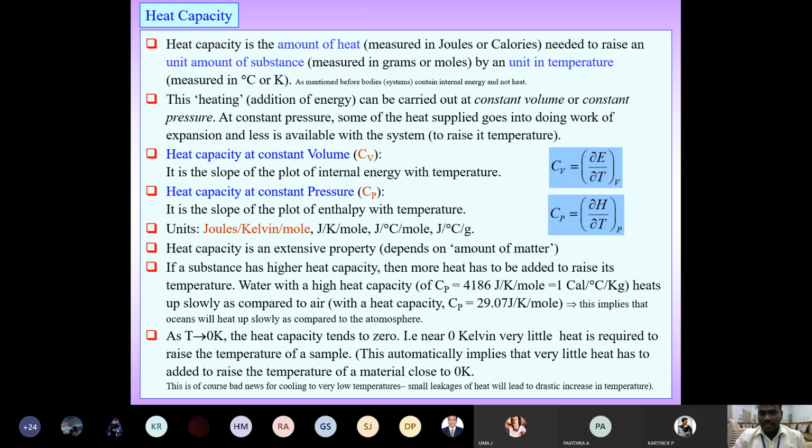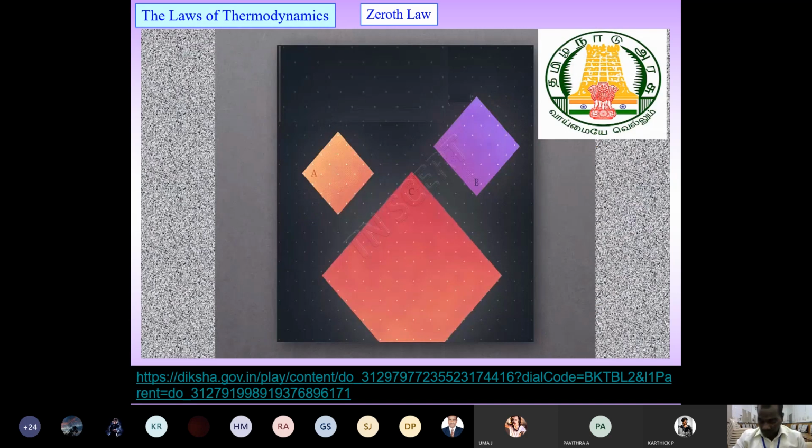Then heat capacity we will discuss in the next class. Then go to the first law of thermodynamics. We know we have four laws in thermodynamics. Sorry, the zeroth law of thermodynamics.